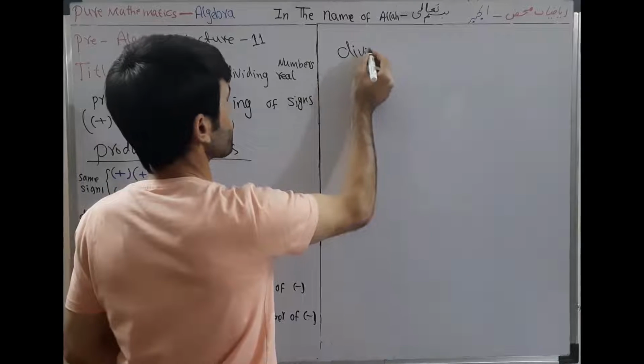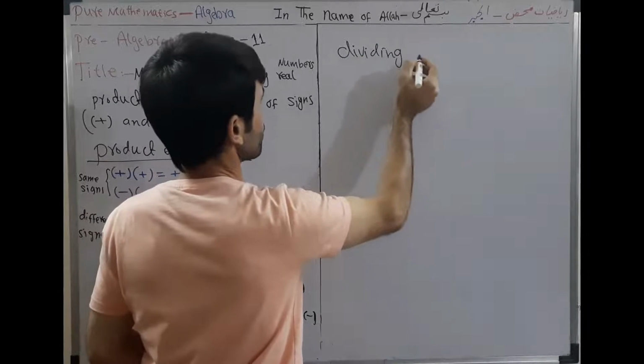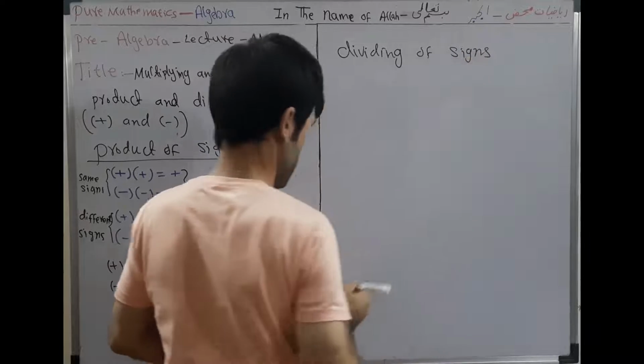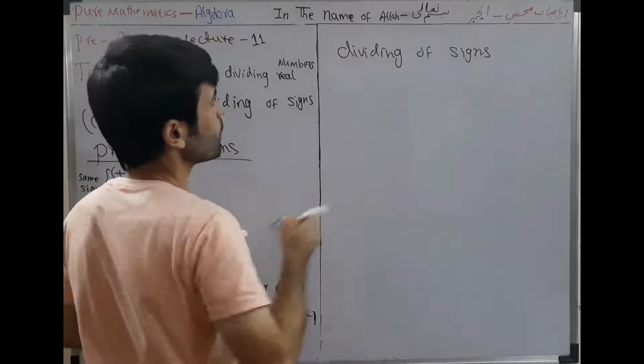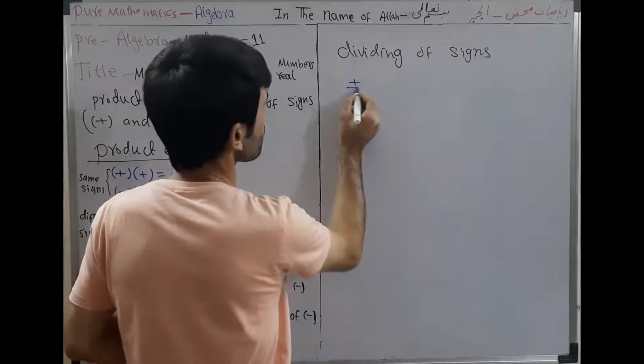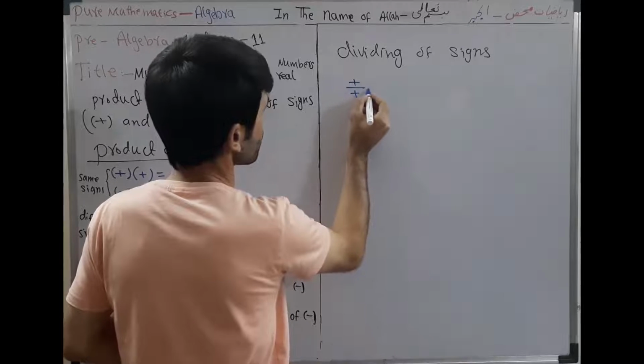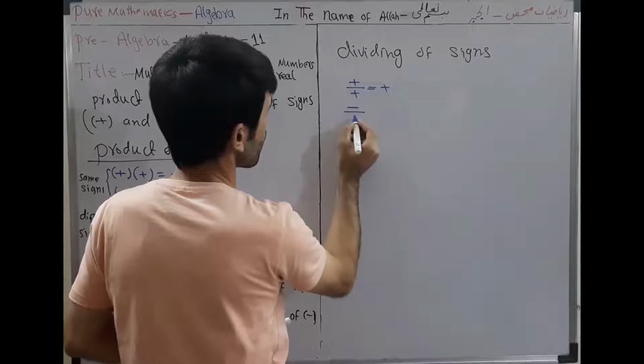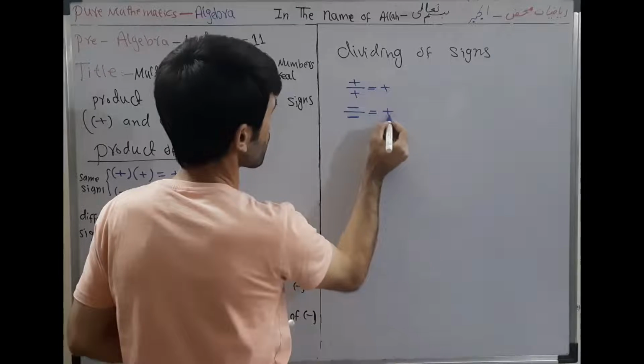Dividing of signs. Positive divided by positive is equal to positive. Minus divided by minus is equal to positive.